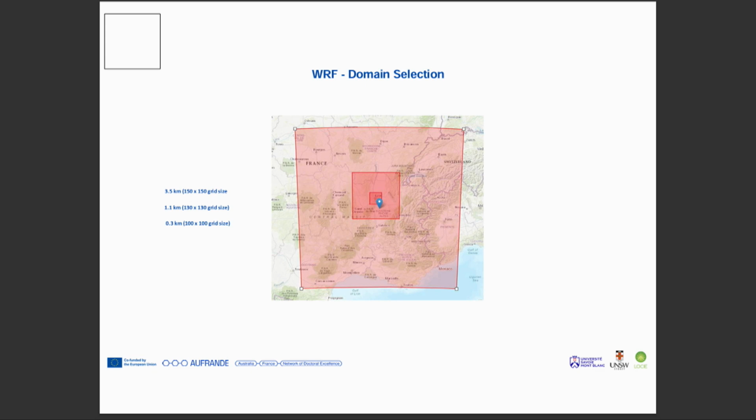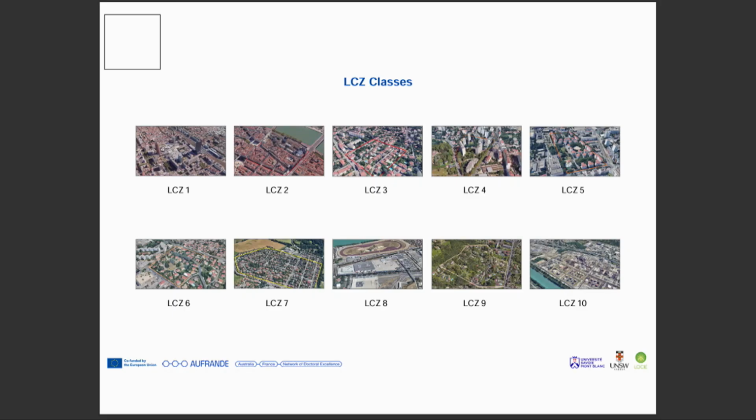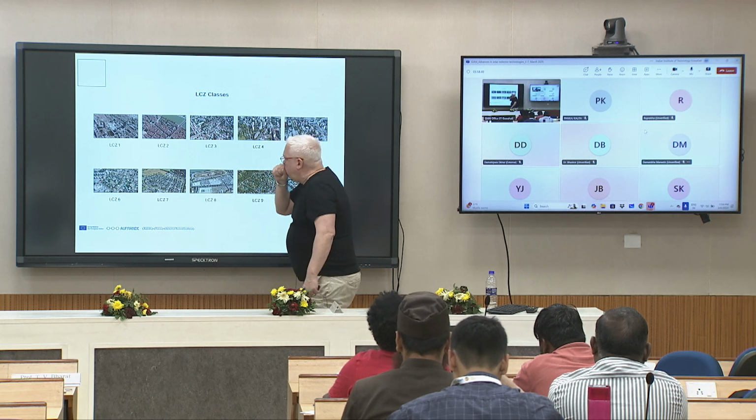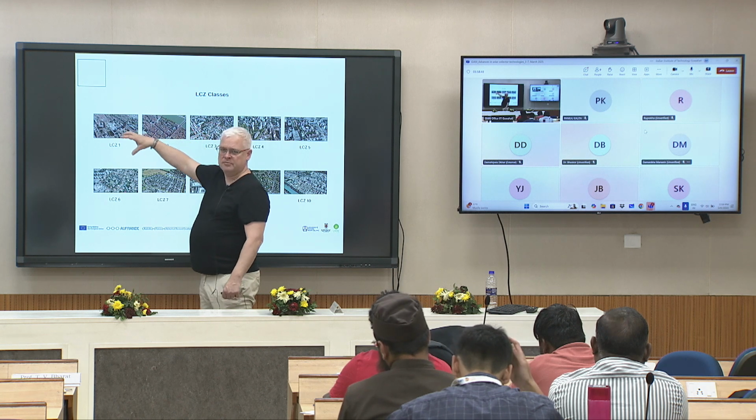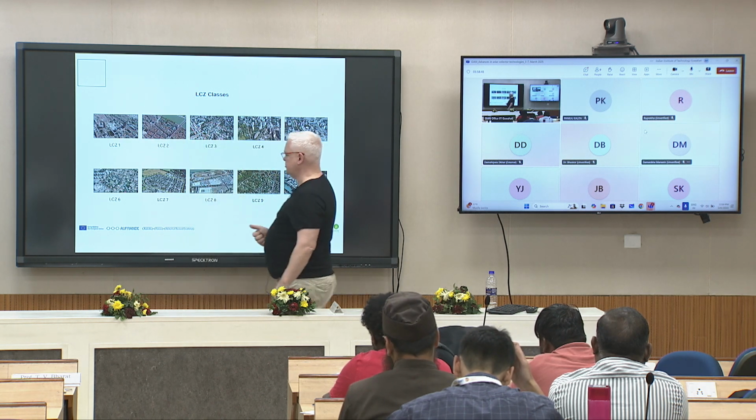So it's very computation consuming. And there is identification regarding the different districts of Lyon, possible different local thermal zones, due to morphology, due to the size of buildings, the color of the buildings, the composition.